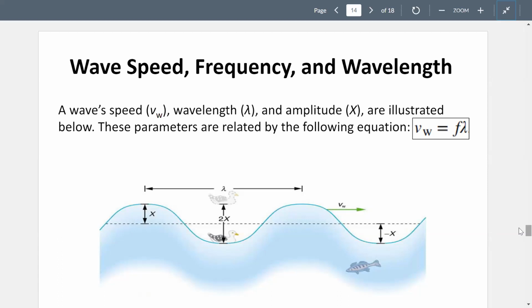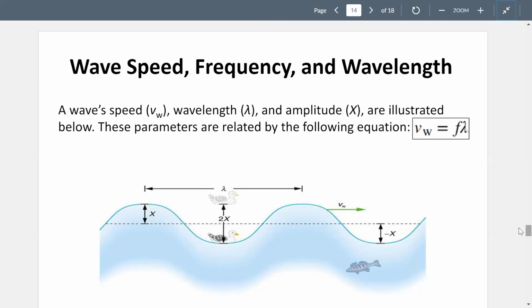So notice that to determine the speed of our wave we multiply the frequency, the number of cycles per second, times the wavelength, the distance from one peak of our wave to the next subsequent peak.